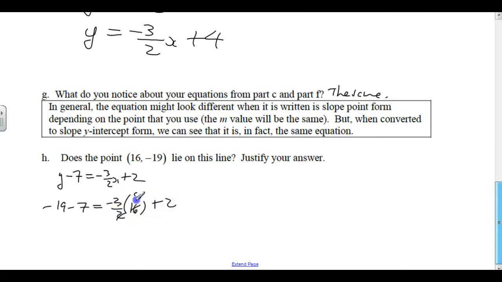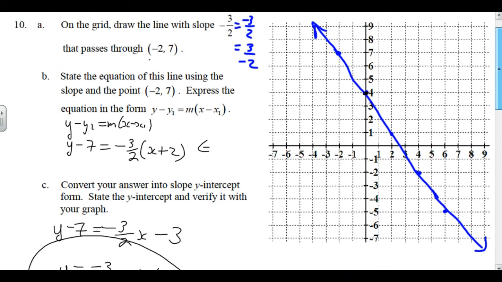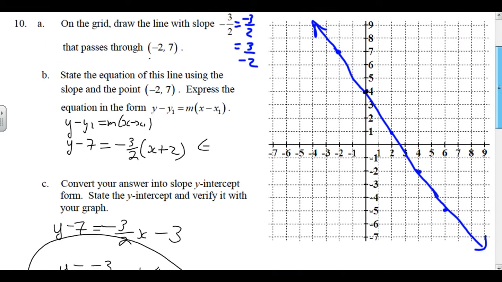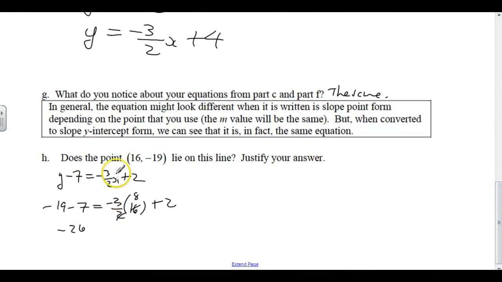So 2 goes into 16 8 times. This gives me negative 26. And wait a sec, it's not plus 2, it's minus 2, isn't it? No, it is plus 2, x plus 2. But that's in brackets.